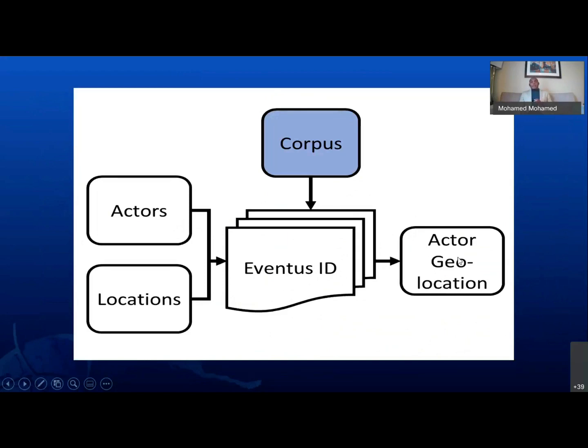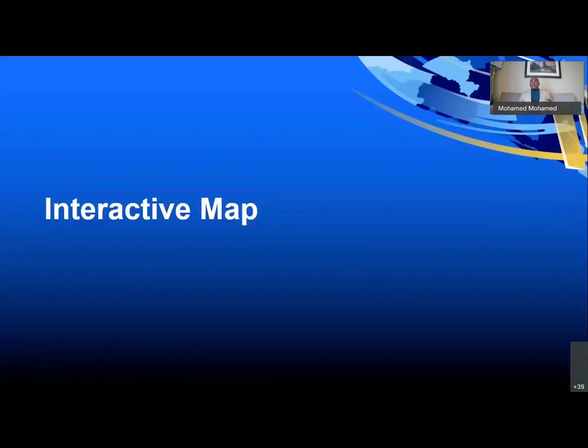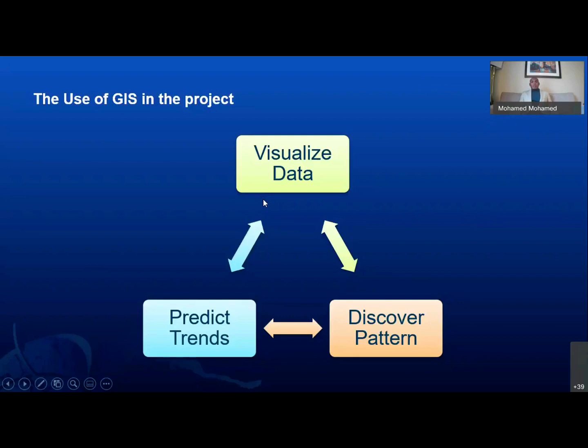After geolocation reference, we had data through 2017, and this data shows the territorial violence. The GIS component: we use GIS mainly to see what happens and where it happened, which actors are going up and which actors are going down, and predicting trends.